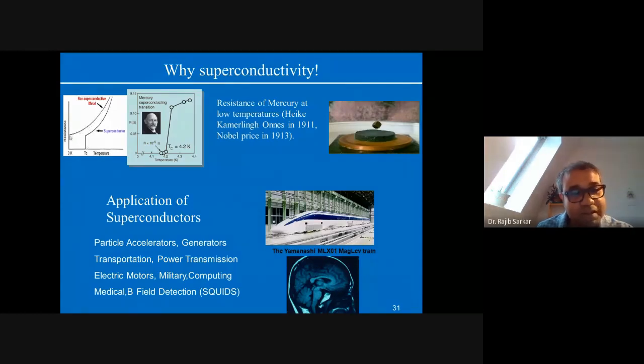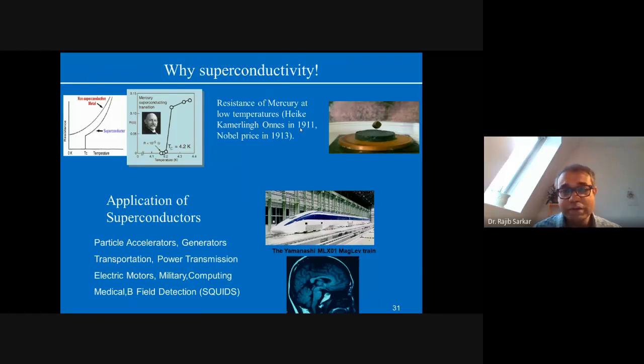But Heike Kamerlingh Onnes, in 1911, was basically measuring many metals and trying to see what happens to the resistivity or the resistance of these metals as he is lowering the temperature. He was the gentleman who first cooled down to liquid helium, 4.2 Kelvin.